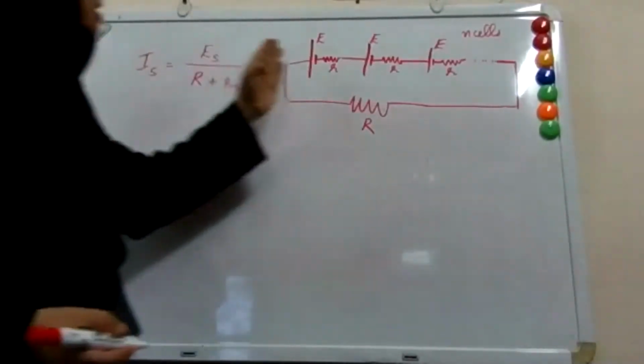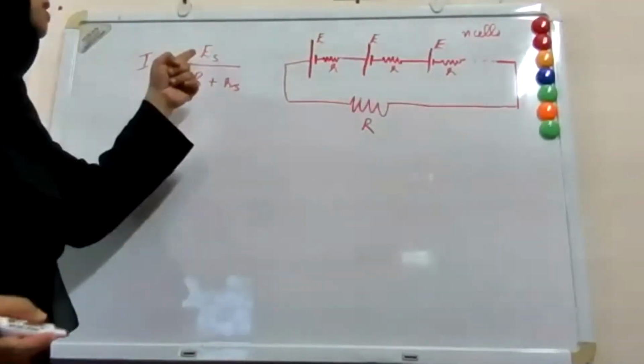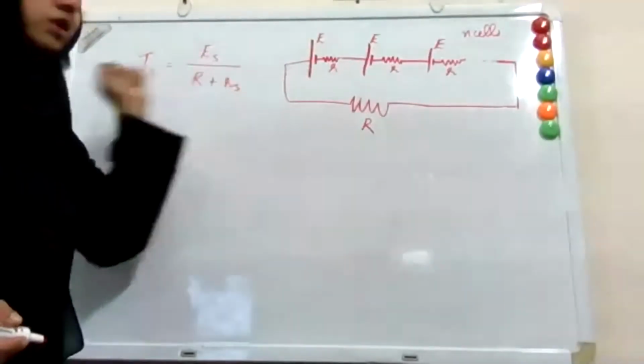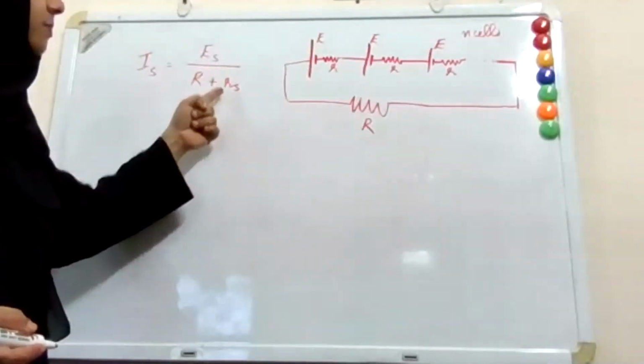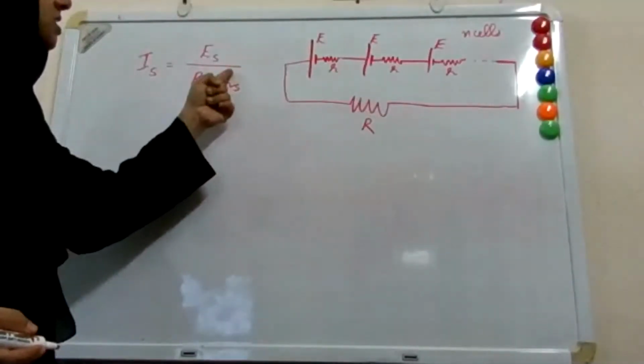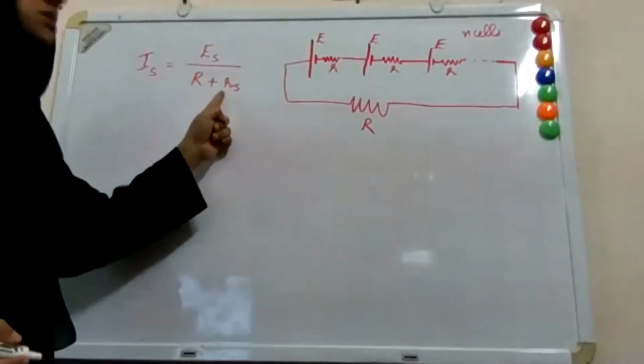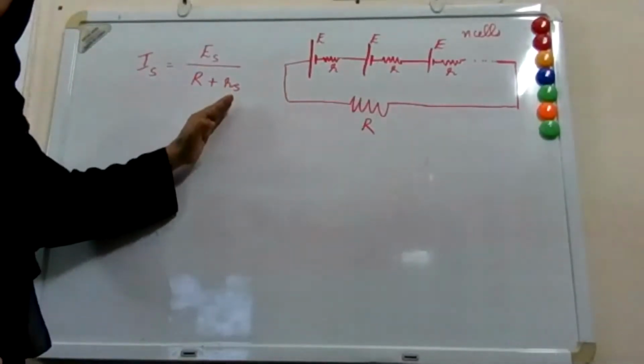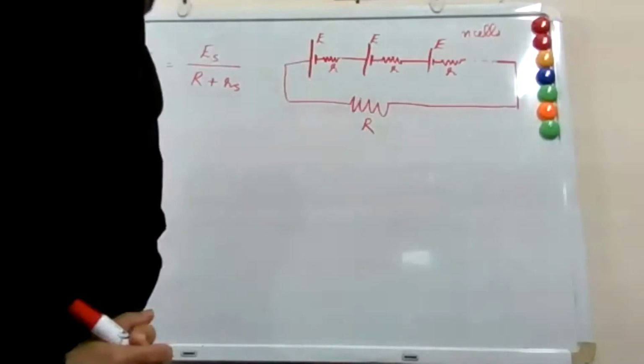Now we have a number of cells connected in series, so you have to use the effective EMF due to all those cells. And you have a number of cells connected in series having an effective resistance R_S. Is this clear? Yes, teacher.